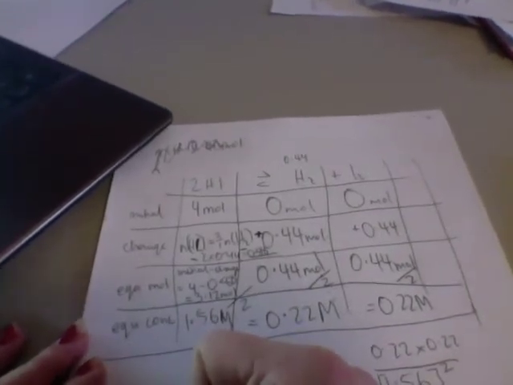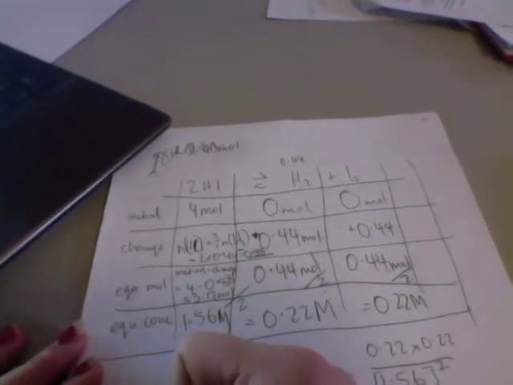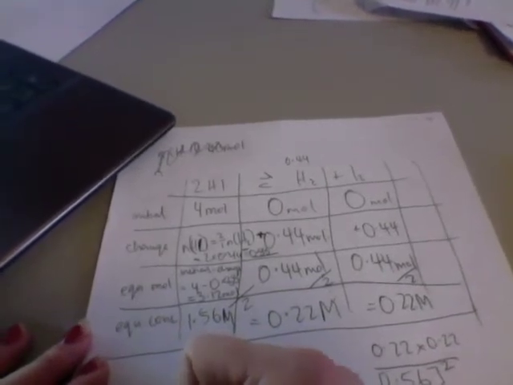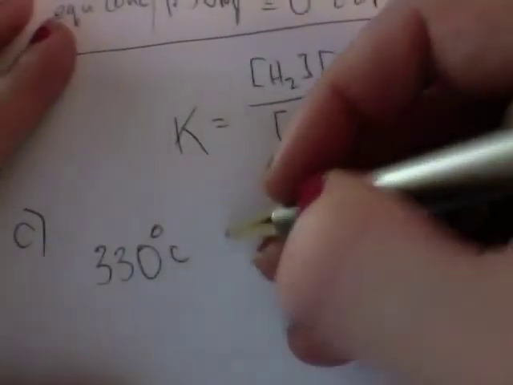Okay. Now C. A third mixture consisted of 1 mole of HI, 0.24 mole of H2, and 0.32 mole of I2 in a 2-litre container at 330 degrees Celsius. Now they want you to find out, is it at equilibrium?